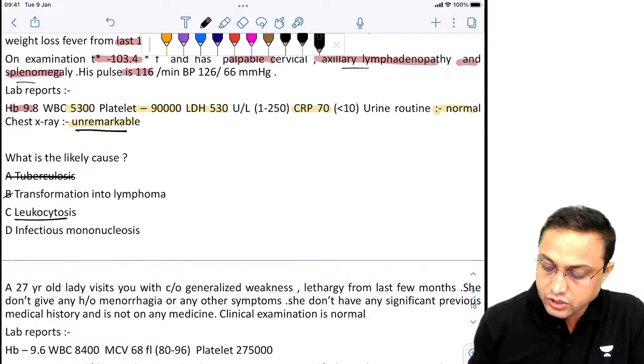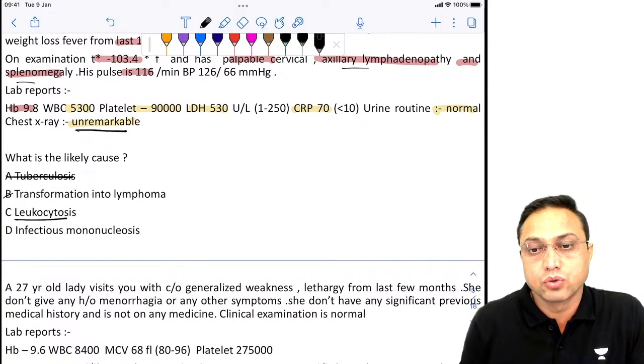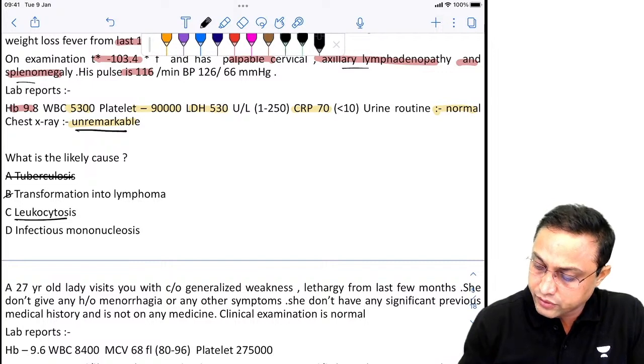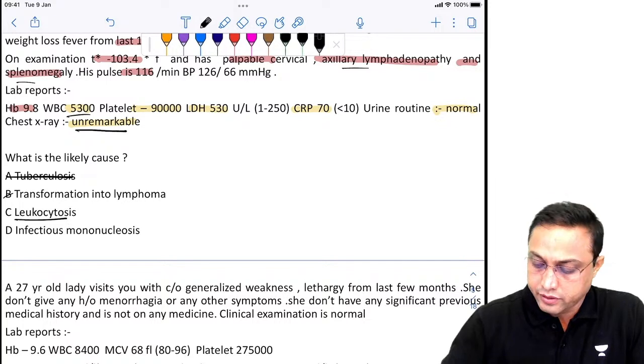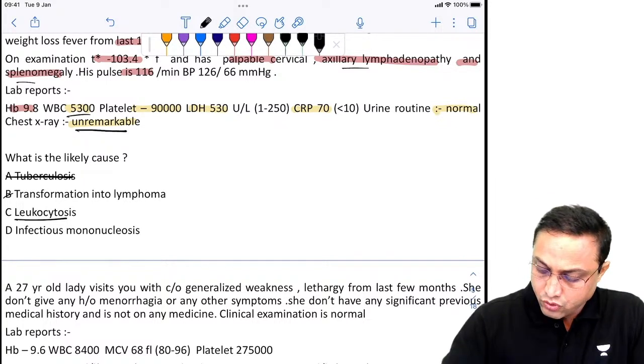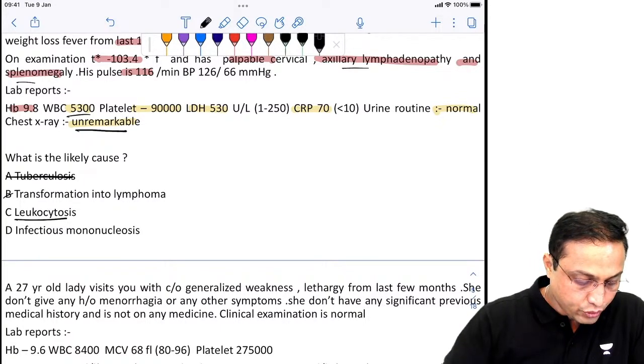Let's discuss leukocytosis. Is the answer going to be leukocytosis? WBC is also normal. Yes, you are right, WBCs are normal, right? Okay. Is the answer going to be leukocytosis or transformation into lymphoma or infectious mononucleosis?